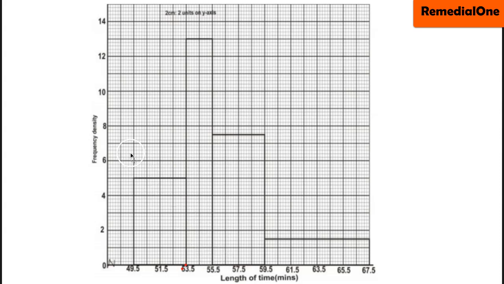The next frequency density is 7.5. This is 7 and 7.5 will come here. The class size is 4, so it will take 2 bars. So that is it. And then the last one, the frequency density is 1.5. So this is 1, so 1.5 will be somewhere here.